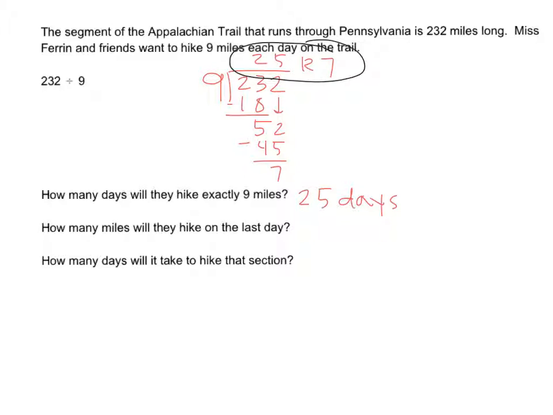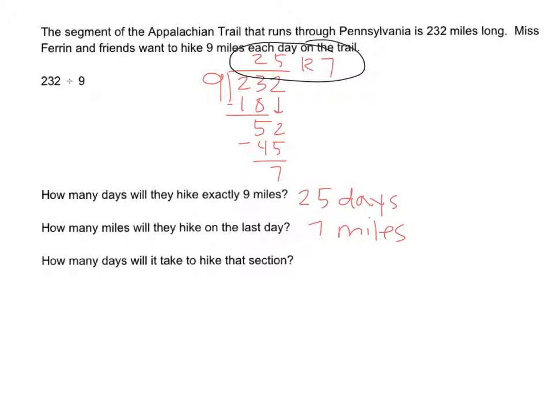How many miles will we hike on the last day? So for that, I'm going to look to my remainder, and that's what that 7 means, it's that 7 miles left. So we will be hiking 7 miles on the last day.